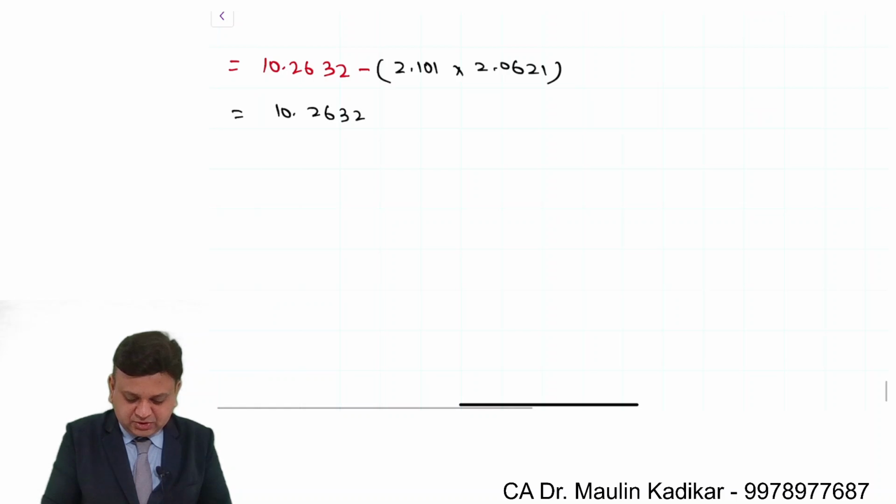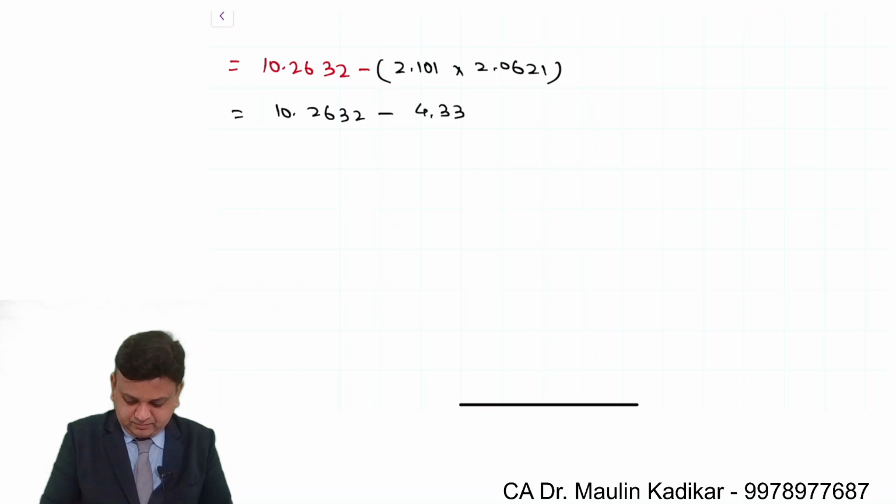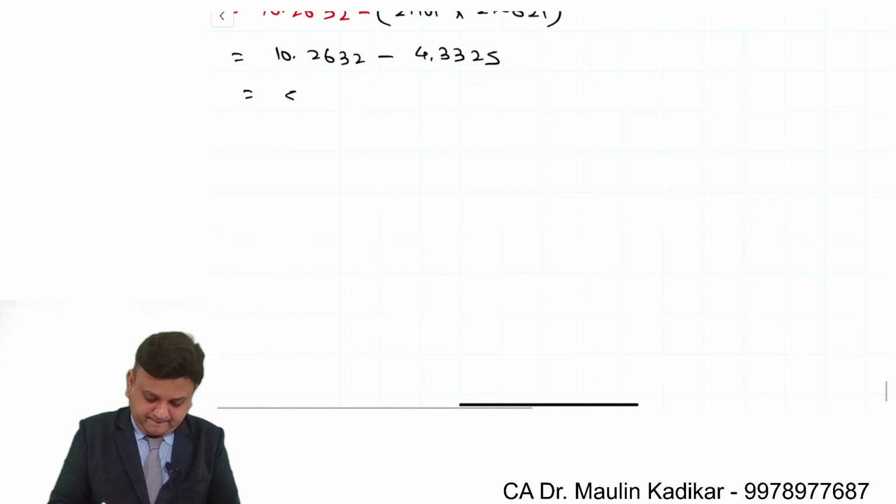So 10.2632 minus 2.101 multiplied with 2.0621, that is 4.3325. So 10.2632 minus 4.3325 comes to 5.9307.